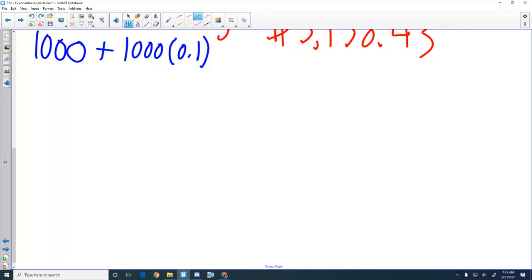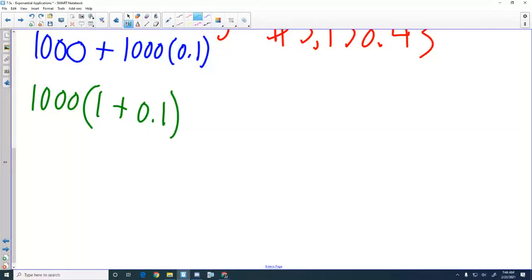See how they both have 1,000? Remember GCF, like factoring, how there's something in both terms you could bring out in front? Watch what this looks like. If I take 1,000 out of each of those, I'd be left with 1 plus 0.1.